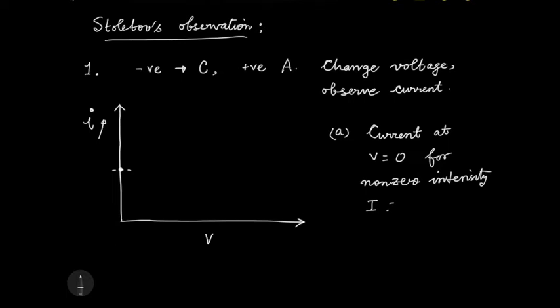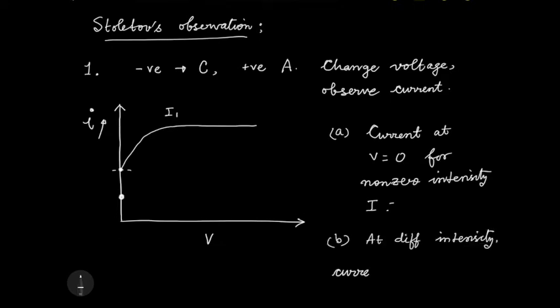What happens if I change the voltage? As I increase the voltage, the current increases, and after a certain voltage it becomes constant. It doesn't change anymore. This happens once your light is at a certain intensity, say let's call it I1. If I change the intensity of the light, the current at V equals 0 is different.